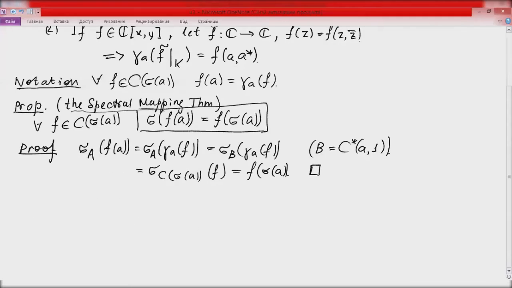Another useful property of the functional calculus is the so-called superposition property.